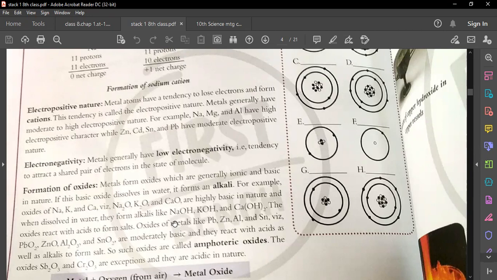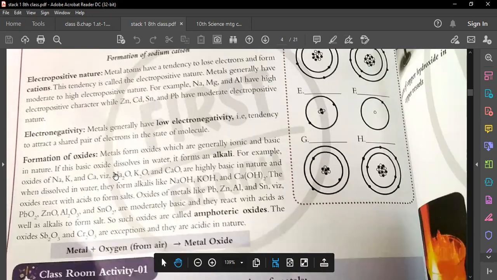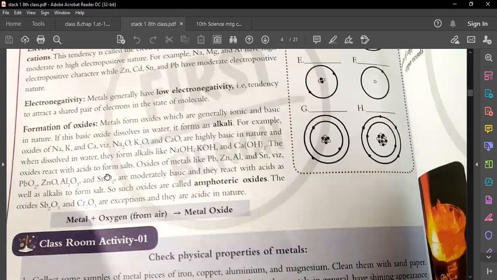That's why metals have low electronegative nature, because they cannot gain electrons. That's why they have very low electronegativity. Okay. The next one is the formation of oxides. Whenever a metal reacts with the oxygen present in the air, it will form a metal oxide. That is a constant.